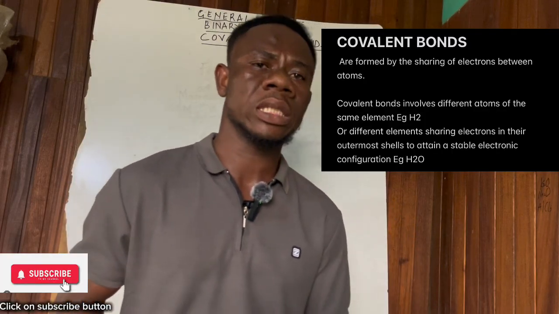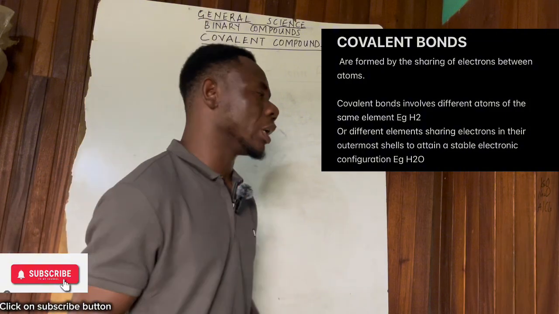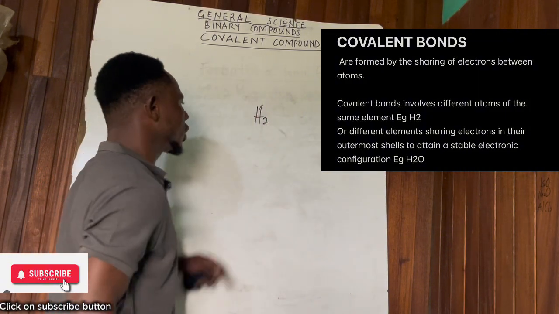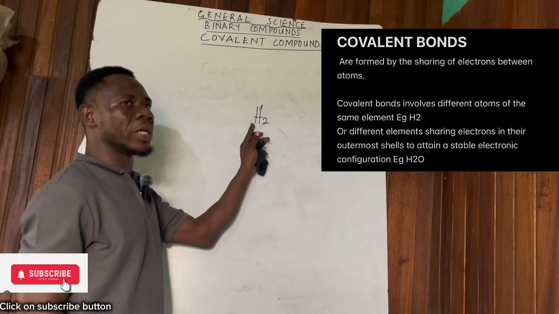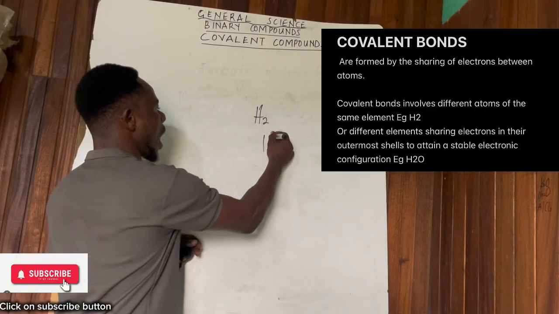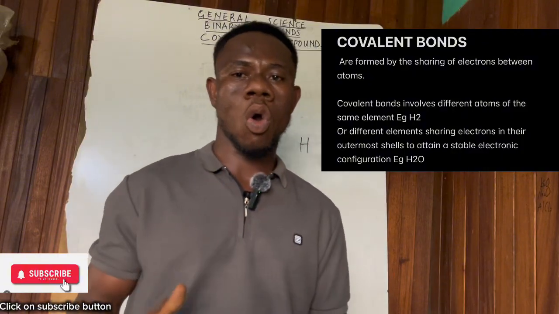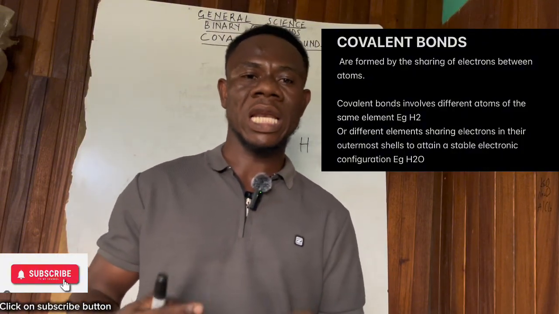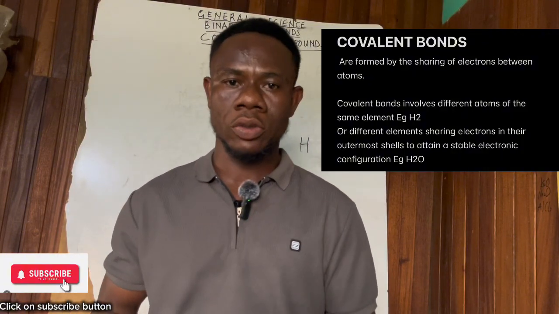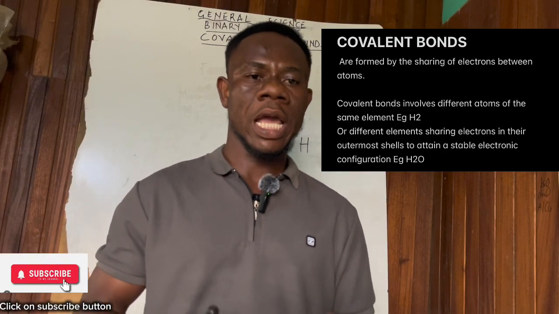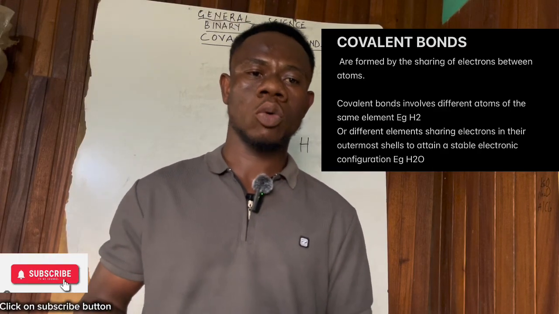Now, when we say it involves different atoms of the same element, you can say H2, which contains the same element but different atoms. So, hydrogen and hydrogen. Or different elements sharing electrons in their outermost shell to attain a stable electronic configuration.